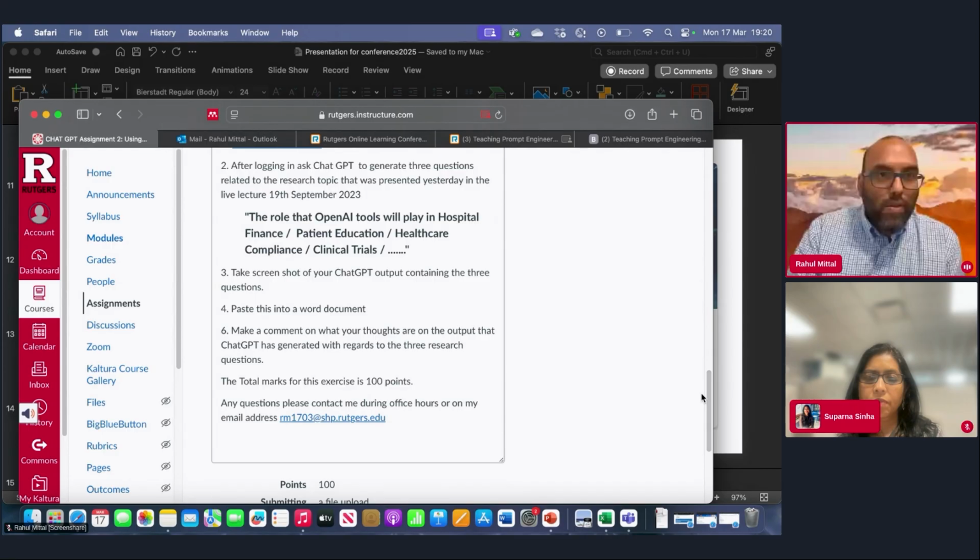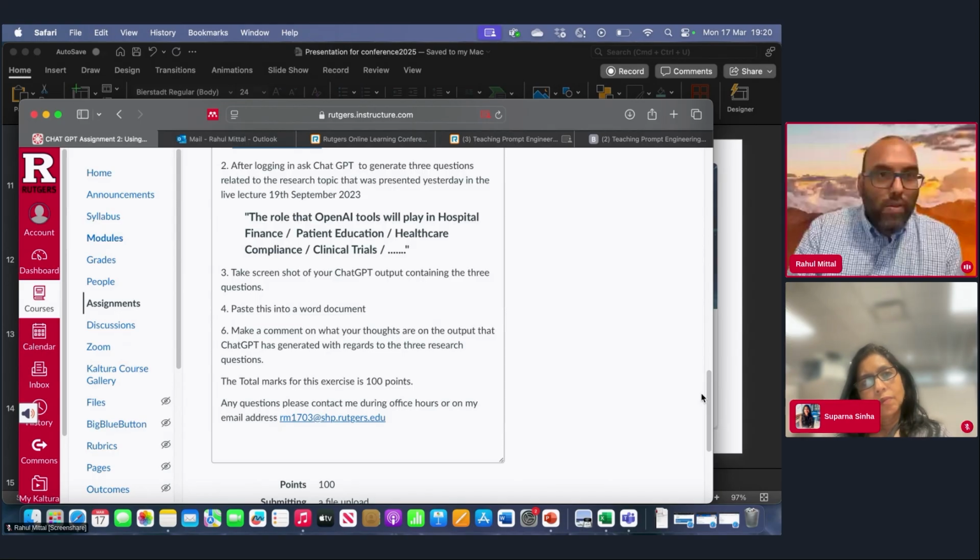We got them to produce research questions from Claude, Gemini, and ChatGPT. And again, we asked them to contrast and compare and see what the differences were, why they were different, and explain to us why they were choosing the research question.